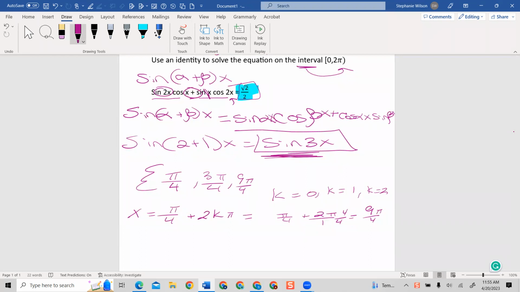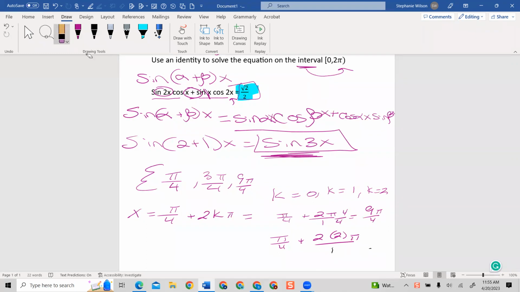So when k equals 2, I get pi fourths plus 2 times 2 pi over 1, because we haven't found the common denominator yet. Oops, I jumped again, guys.